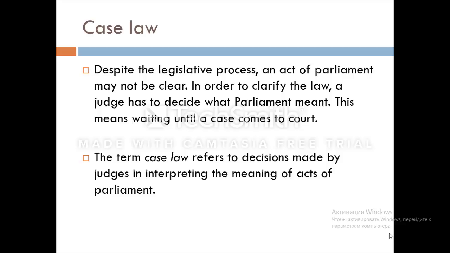In order to clarify the law, a judge has to decide what Parliament meant. This means waiting until a case comes to a court. The term case refers to decisions made by judges in interpreting the meaning of an Act of Parliament.